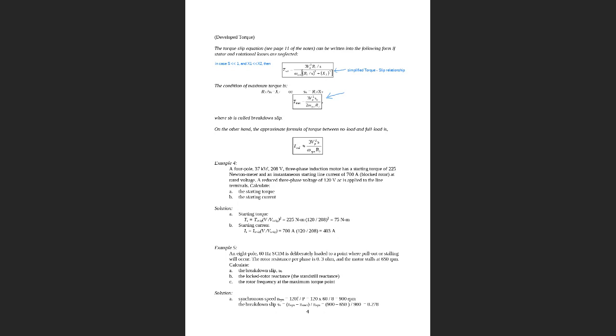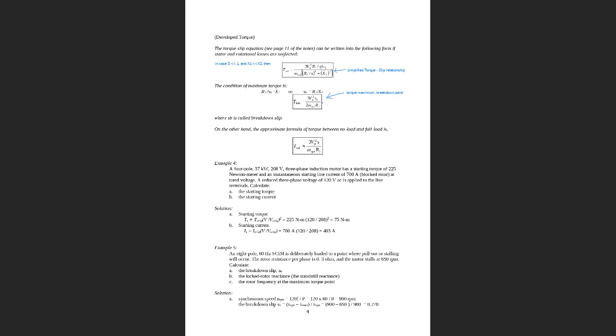So at the breakdown point, when we look at the torque-slip equation, under what conditions does the torque reach its maximum? Obviously, look at these equations.